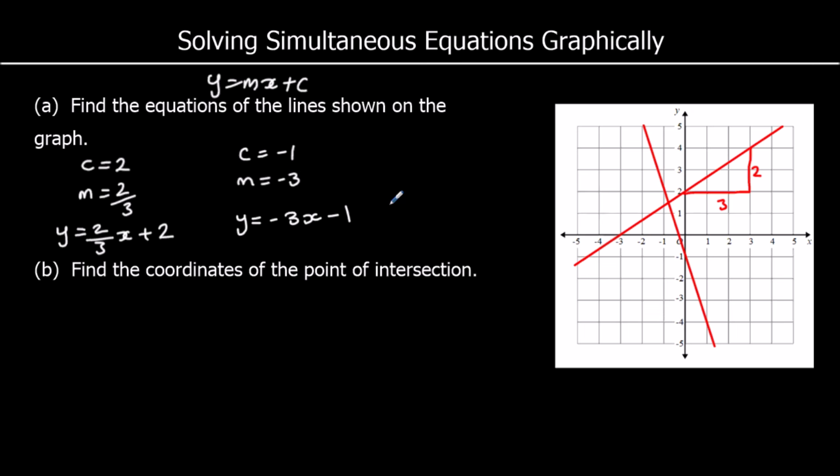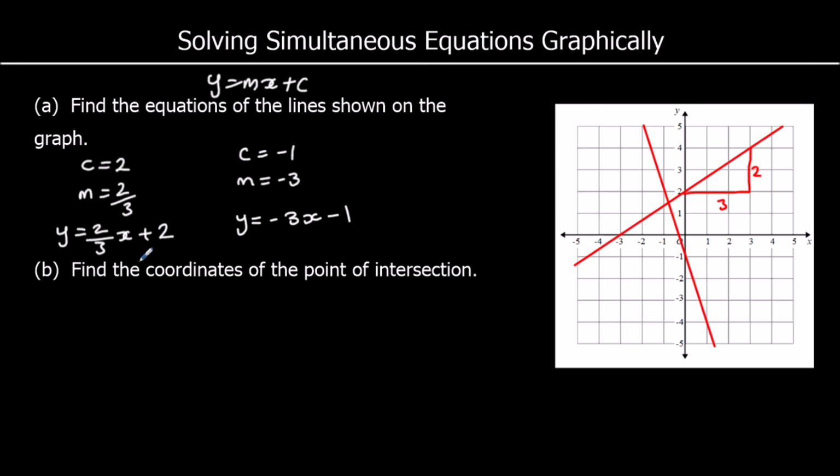Part B says, find the coordinates of the point of intersection. So we can see the intersection isn't at a nice point. We're going to have a decimal answer. So we're going to solve this algebraically. We've got y equals 2/3 x plus 2 and y equals -3x minus 1.